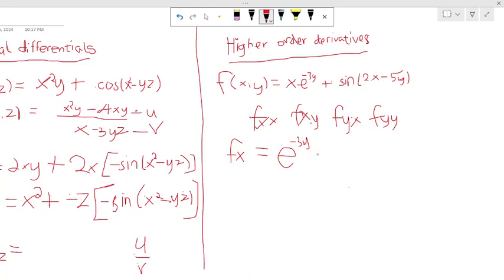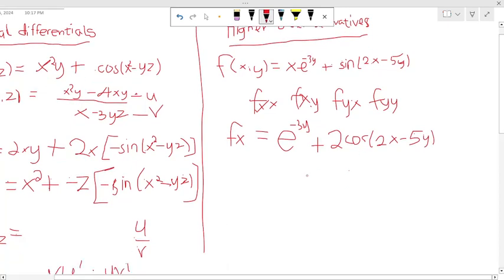Now we apply it to this expression by differentiating the function in the bracket with respect to x, and that's going to give us 2, and we have cos of 2x minus 5y. Now we have f_x, that's the first derivative.